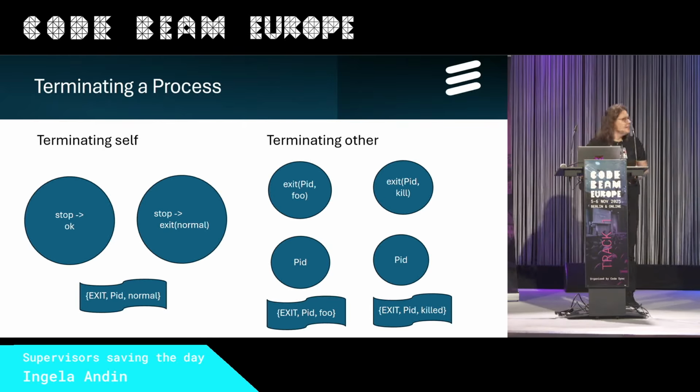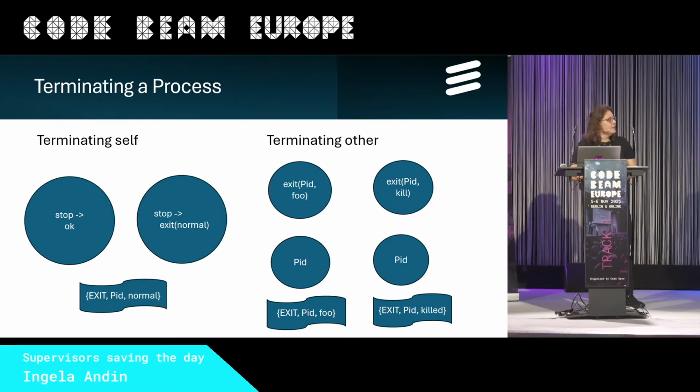Okay? But you can also terminate another process in Erlang by calling the exit2 function. And then you need to know the process ID of the process that you want to terminate, and you can give it a reason why it should terminate. And there's also this special reason called kill that is not trappable.